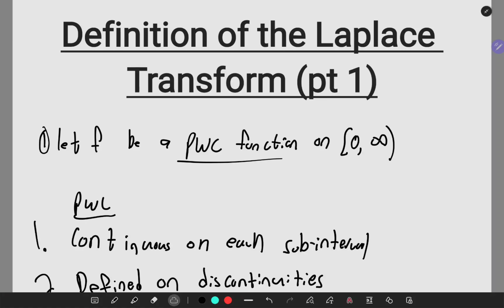So I'm going to go over the definition of Laplace transform in two steps, in two videos. In this video, I'm just going to look at what is a piecewise continuous function, because for the definition of Laplace transform, the function that we are transforming has to be piecewise continuous.